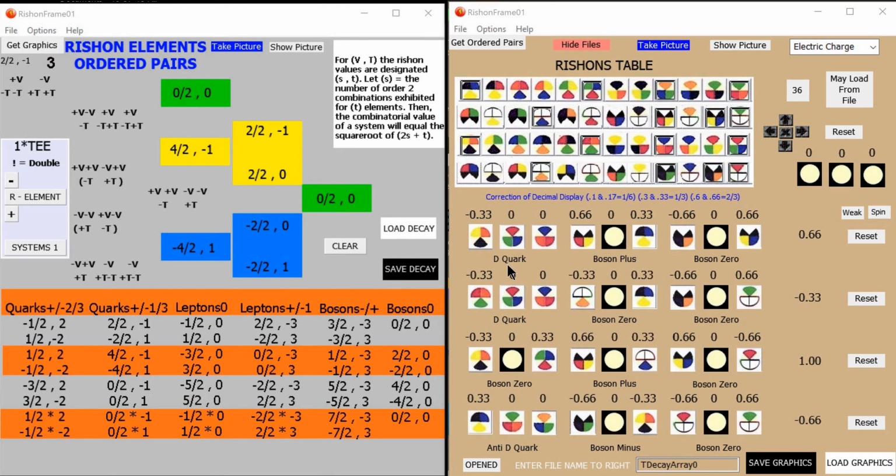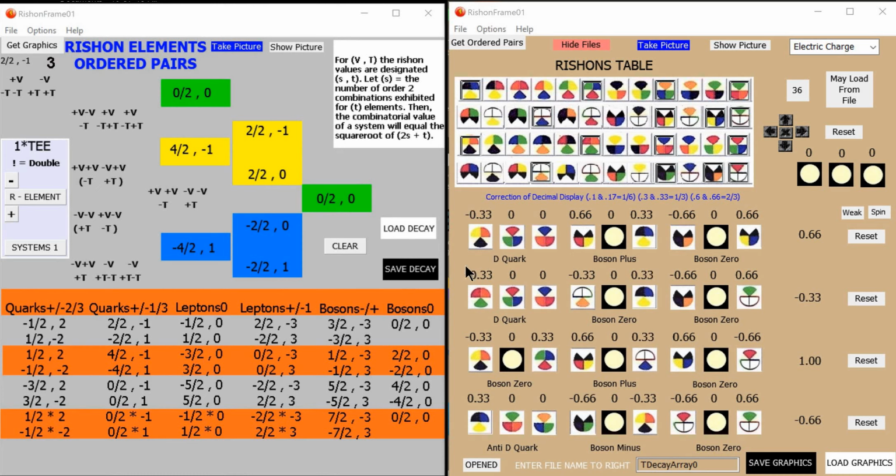So here we have a generic D-quark, and the charge is given as minus 1/3 by this generic anti-T. Then we have two anti-V's, which each have an electric charge of 0. Then if we look at our boson plus, we'll see that the electric charge is plus 2/3 and 1/3, which gives us an electric charge of 1.